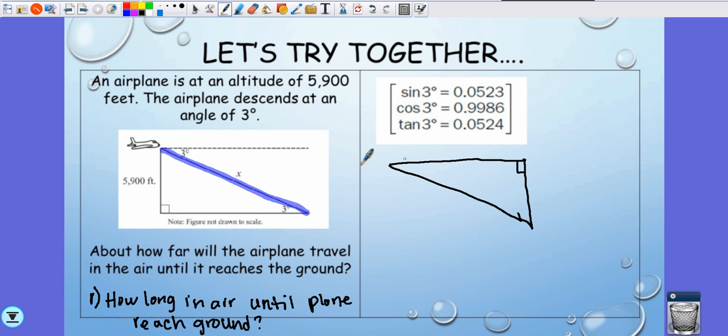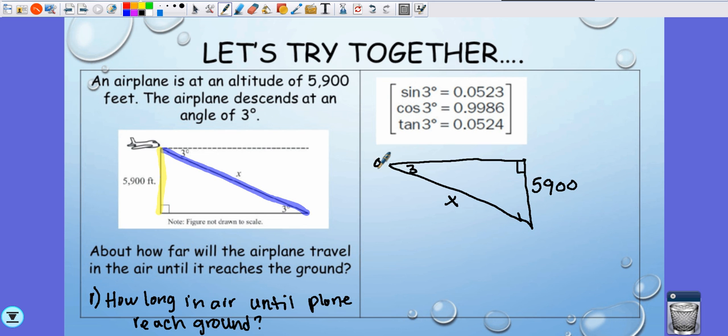The right angle goes right here, 3 degrees goes right here, the x goes right here, and this side is the same as this side right here. So I'm just going to put the 5,900 on this side, and now I have a complete picture.